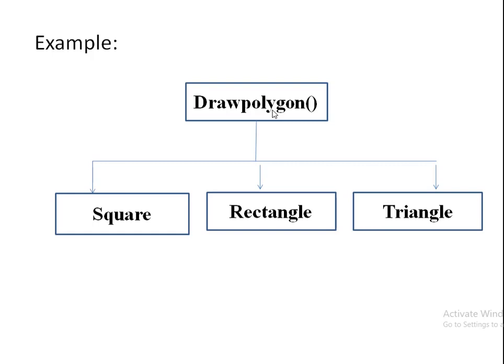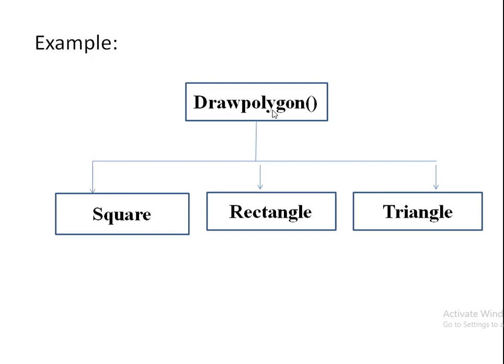Here, the best example for polymorphism is draw polygon. I can write the draw polygon method, and it is divided into three types: squares, rectangles, and triangles. These are also called polymorphism, but the way of writing the methods is different.